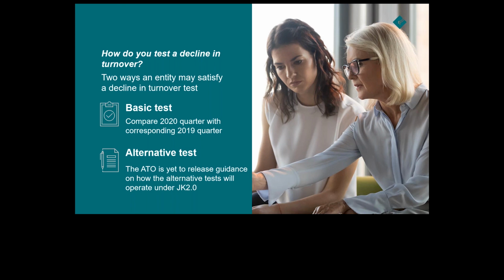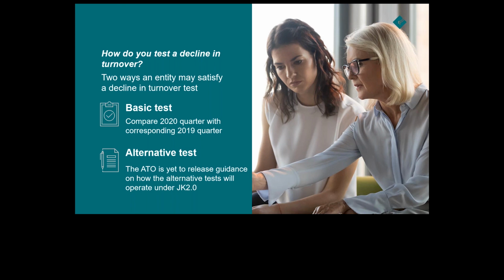And then there is the alternative test, or a series of alternative tests, which compare the relevant period in 2020 with a different period in 2019, due to the fact that the rules determine that the comparable quarter, for example, may not have been a suitable quarter due to the circumstances of that employer in 2019.